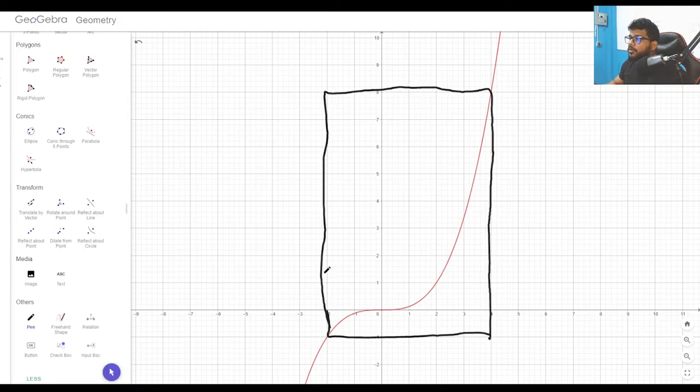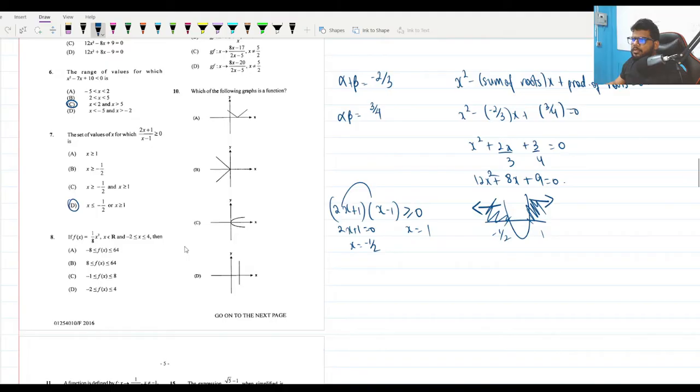So the range for the graph is going to be this set of values, between -1 and 8. That's going to be the range between these two values of my domain. So let me just circle it one time. But how do I do the calculations for it? One thing you can do is just substitute this as x, substitute this as x, and you'll get -1 as the lower part and 8 as the higher part.